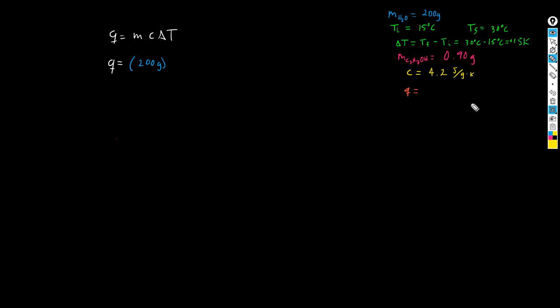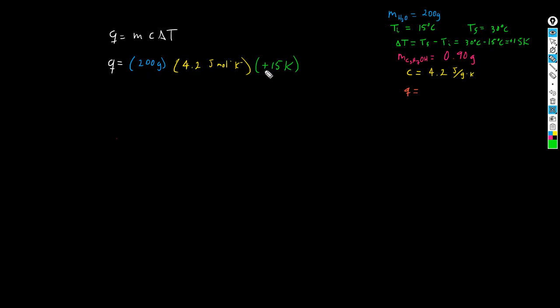C is the specific heat of this particular calorimeter, which is 4.2 joules per gram Kelvin. And then delta T we calculated is TF minus TI, which is 30 minus 15, 15 positive. And we're going to put Kelvin.